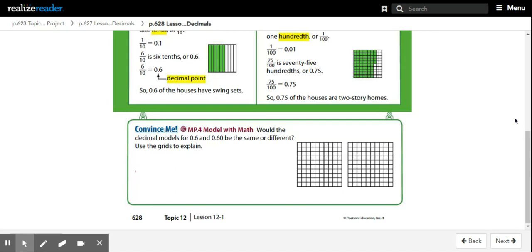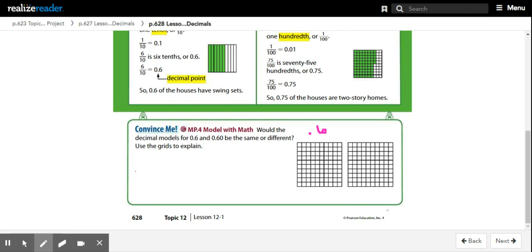So, when we're looking at the grids, I want you to color in with me as I color these. So, if I look at the first grid, I'm going to do my 0.6. Now, when I'm looking at this and I'm looking at tenths, do I want to look at each little square or do I want to look at the bars?